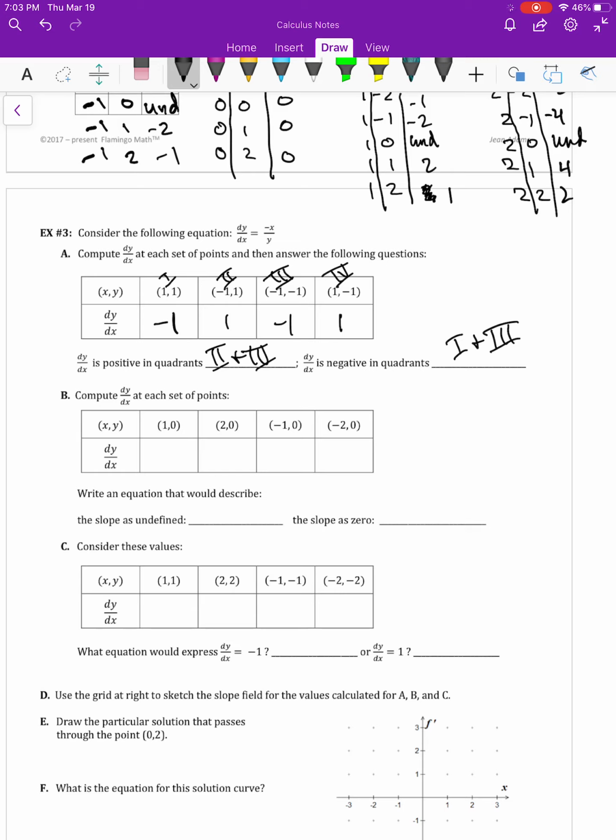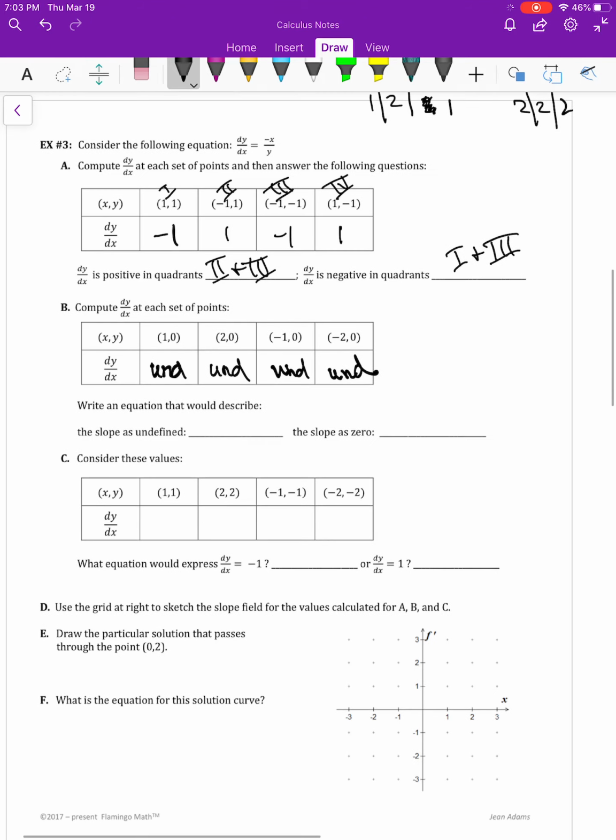And then we're going to do the same thing here. If I use that -x over y, every single one of these is undefined. And the reason why is because they all have y values of 0. So now if we were looking at a slope field and we saw that everything's undefined where y is 0, we know that our differential equation would have y in the denominator.